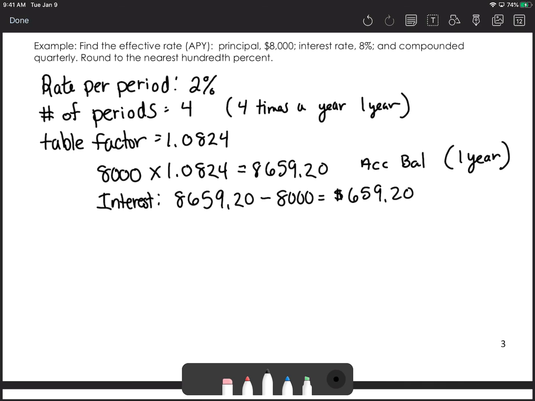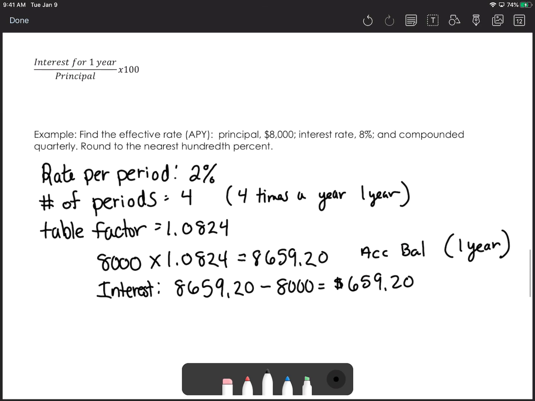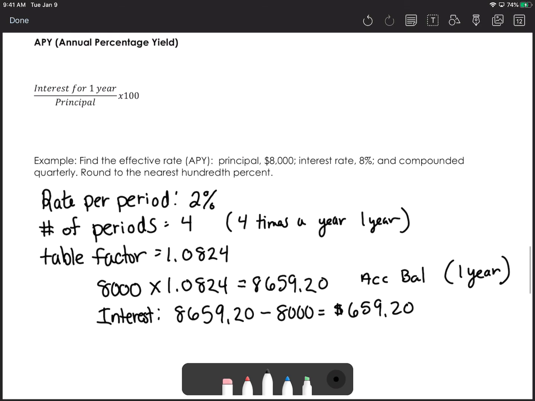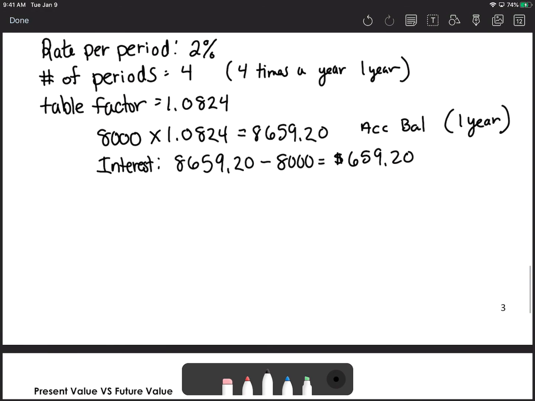So our formula to find the percentage of the principal that we earned over the first year, we take the interest, we divide it by the principal, and then multiply it by 100 to change it into percent form. So my interest is $659.20 divided by the principal, which is 8,000, and then we're going to multiply by 100 to change it in percent form.